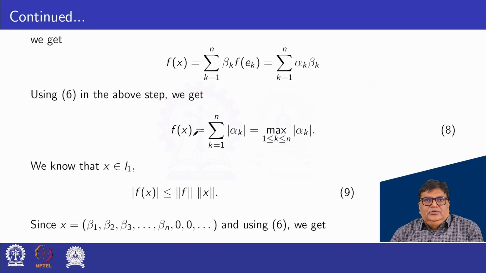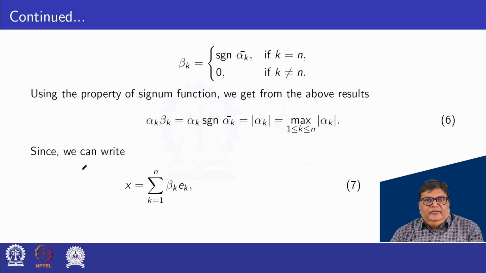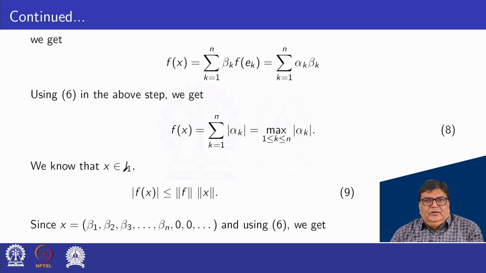So we have summation k is equal to 1 to n mod alpha k is max of alpha k. We know that x belonging to L1, then mod of fx less or equal to norm f norm x. f is continuous linear functional, so mod fx less or equal to norm f norm x.